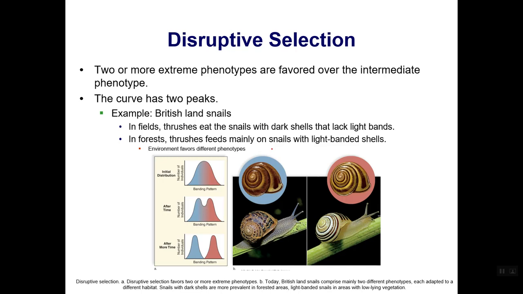They eat the snails with the dark shells that lack bands, like these guys. But in the forest, those thrushes feed mainly on snails with the light banded shells, like this. So what we would see over time is a disappearance of anything that was in between. So we would have 2 separate curves.